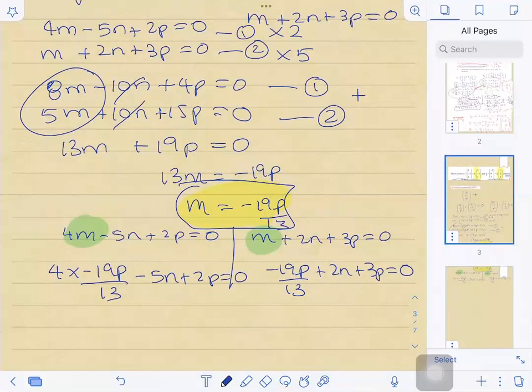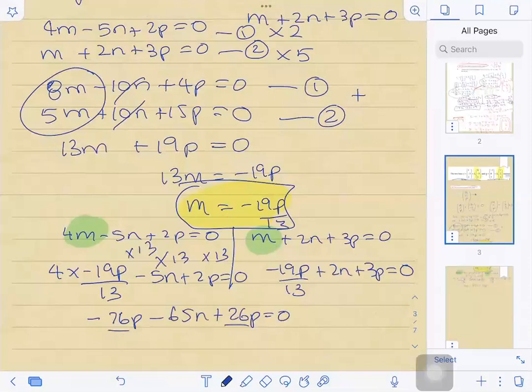4 times 19 is 76, so it's minus 76p. I'm going to times everything by 13, so 5 times 13 is 65n, plus 26p equals 0.